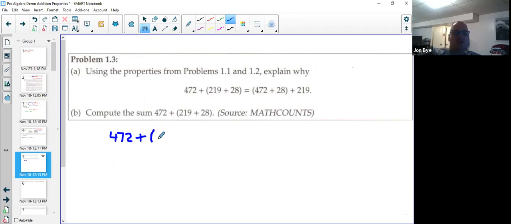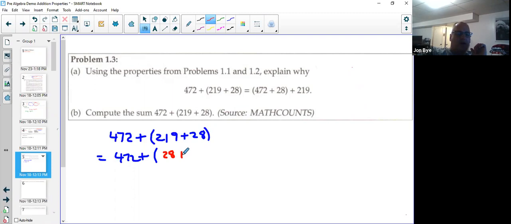So if we start with 472 plus 219 plus 28, the first thing we could do is use the commutative property to rewrite what's in the brackets the opposite way. I can write it as 28 first.